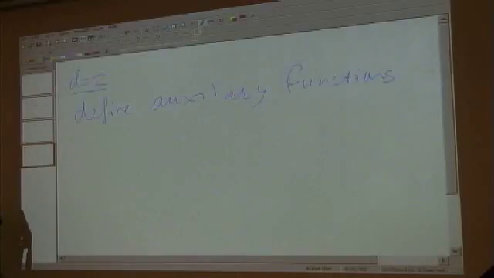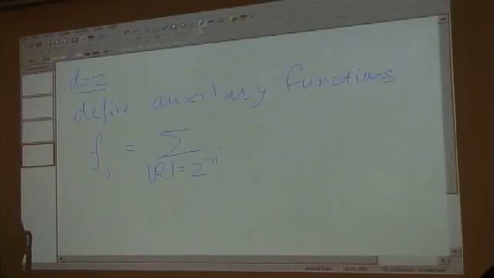functions. And so F sub J is going to be the sum over R's, so the volume is this fixed quantity. But we further specify the first side length R1 to be 2 to the minus J, which in the two-dimensional case means that the second side length is given.